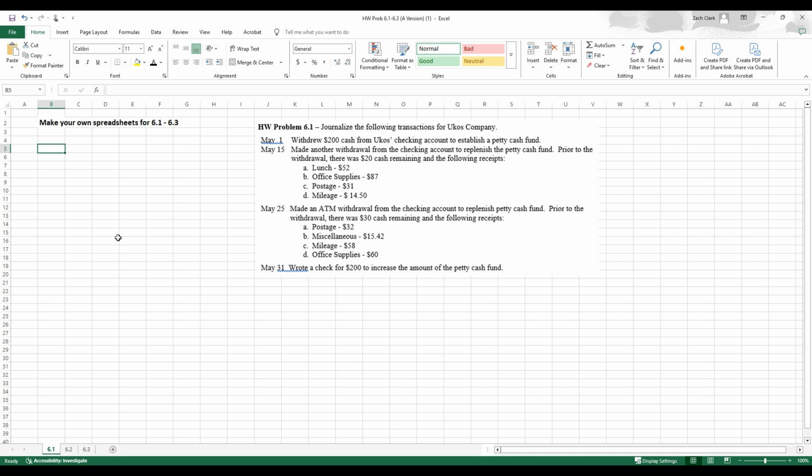Okay, so problem number 6.1 is a petty cash type of problem. And petty cash, remember, as we talked about in class, is an on-site fund.